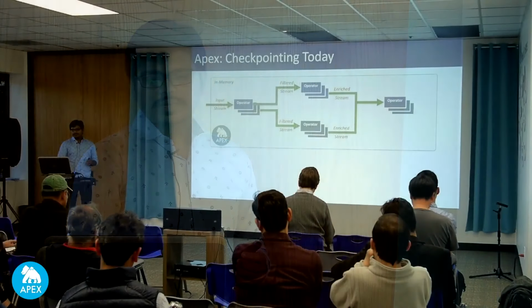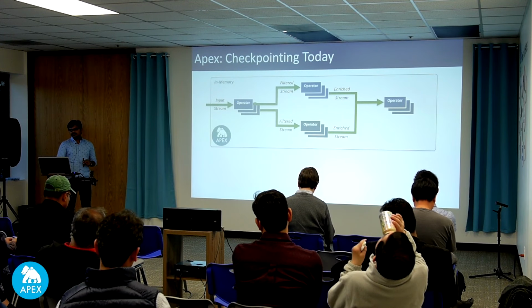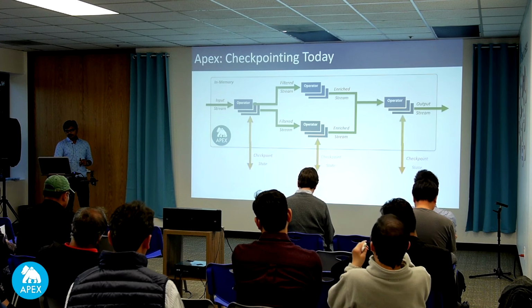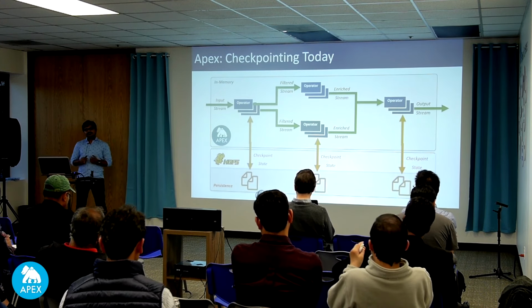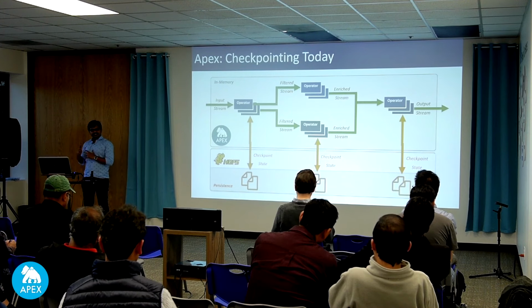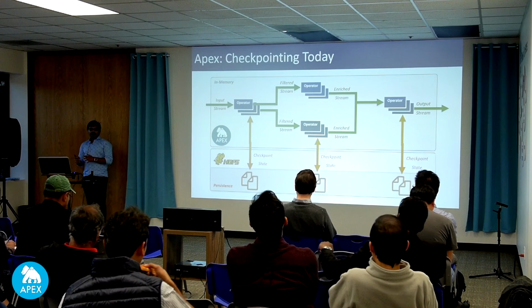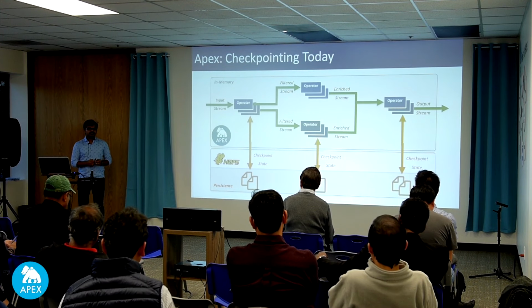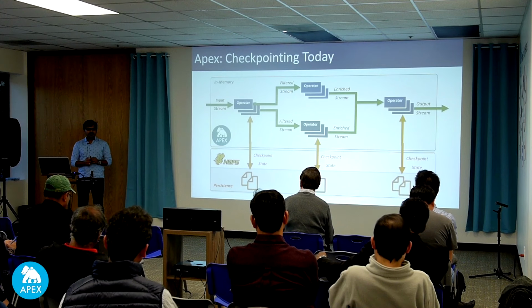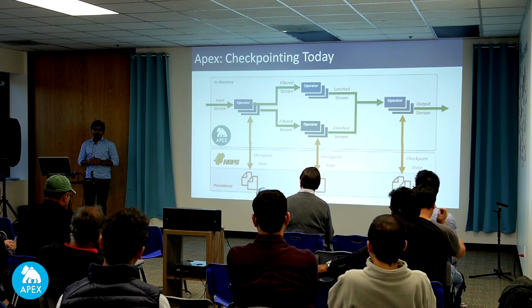Now, in the existing Apex application platform, this checkpointing, which is a very critical feature to ensure reliability, was done in HDFS. What that means is periodically the object state gets stored into HDFS. We all know that HDFS is a fault tolerant distributed file system, which is a very proven technology for large scale file system data access.